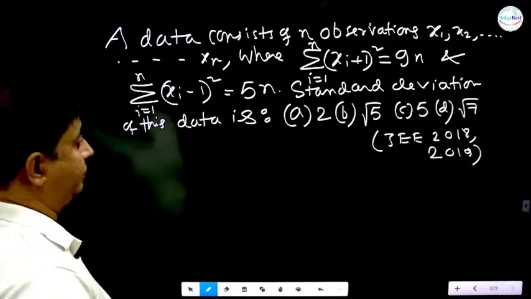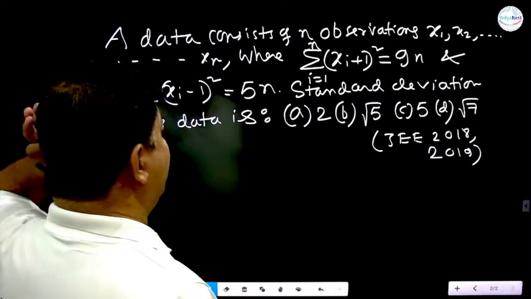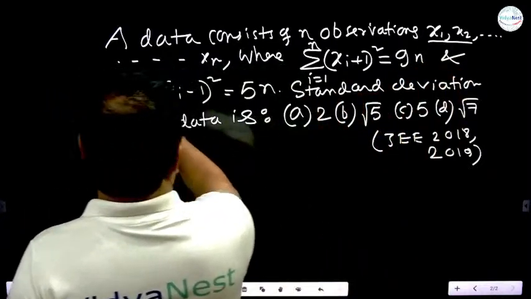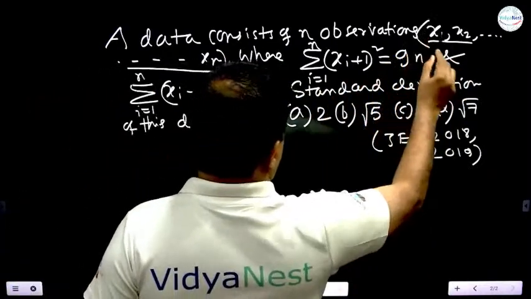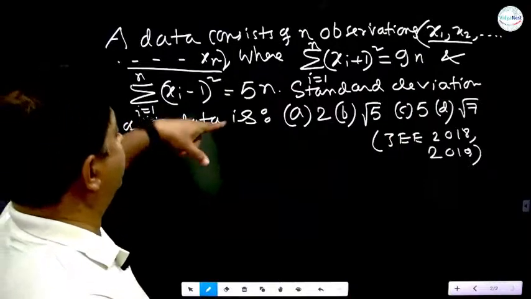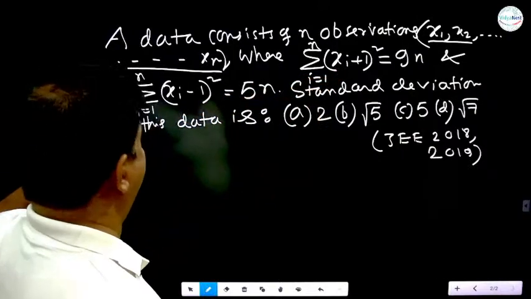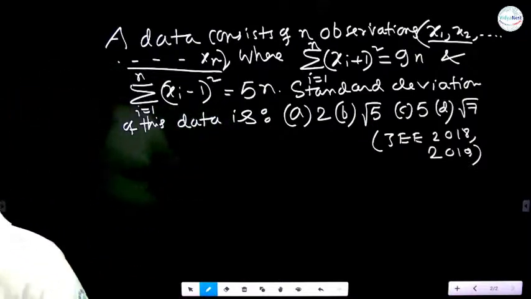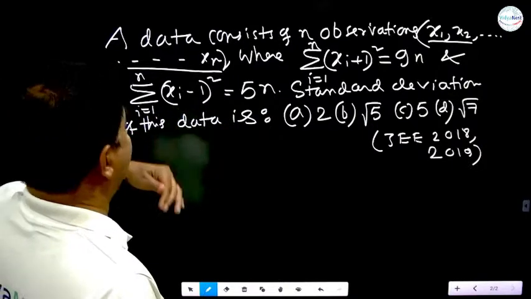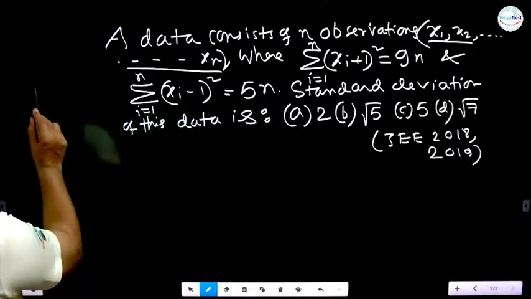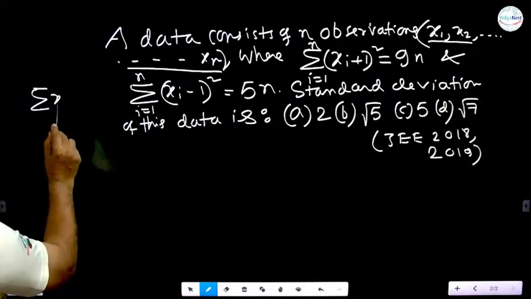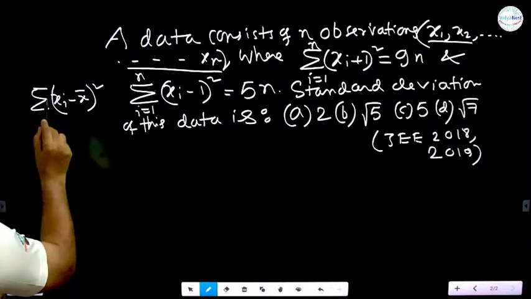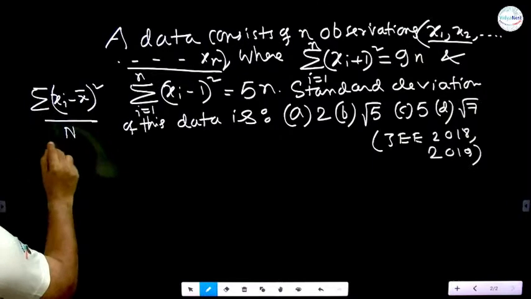Okay sir, so we have to find the standard deviation of these n observations. How to find it, where these two things are given? What is the standard deviation formula? First you write it, that will be better. The standard deviation formula, as we just learned, is the square root of summation of xi minus x bar whole square by n.